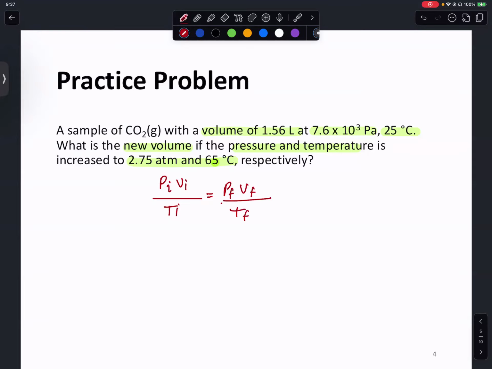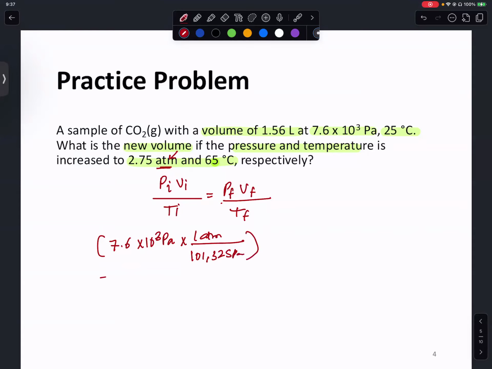Now, let's look at the pressure, which is 7.6 times 10 to the third pascals. I need to switch it to be the same as the other pressure. It doesn't matter which one I switch to. I'm just going to switch to atmospheres because this makes more sense as a conversion.